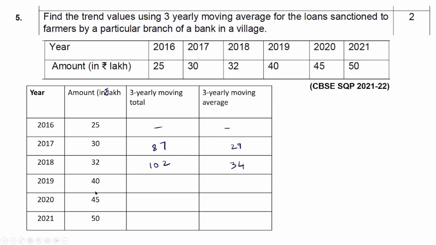Next we have 32 plus 40 plus 45, it is 117. 117 divided by 3 is 39. Next we have 40 plus 45 plus 50, it is 135, divided by 3 is 45. So here finding the 3 yearly moving total carries 1 mark and finding 3 yearly moving average carries 1 mark.